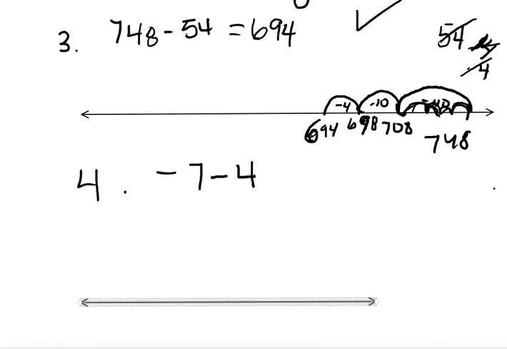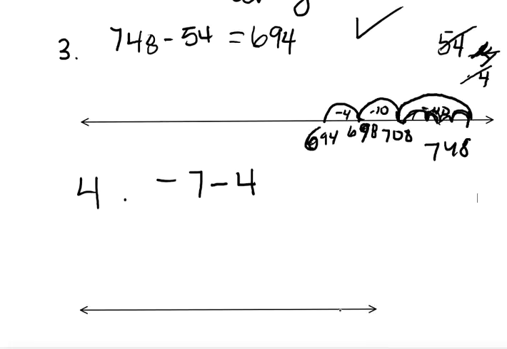So I put my -7 down right here. Now I am taking away 4 units. So I've got -7 and I'm taking away.